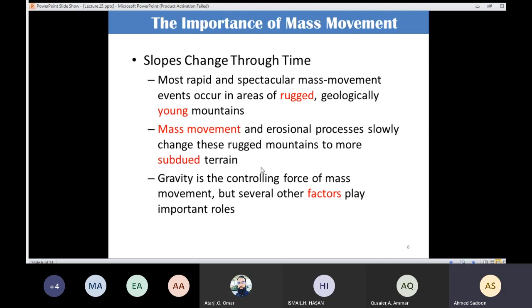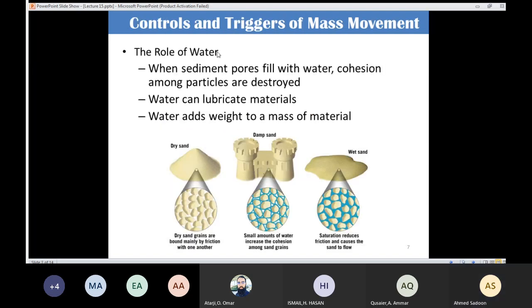The first one is the role of the water. If you can see here, if you have dry sand, and you take a small sample and magnify it, we can see that we have pores between the sand grains.